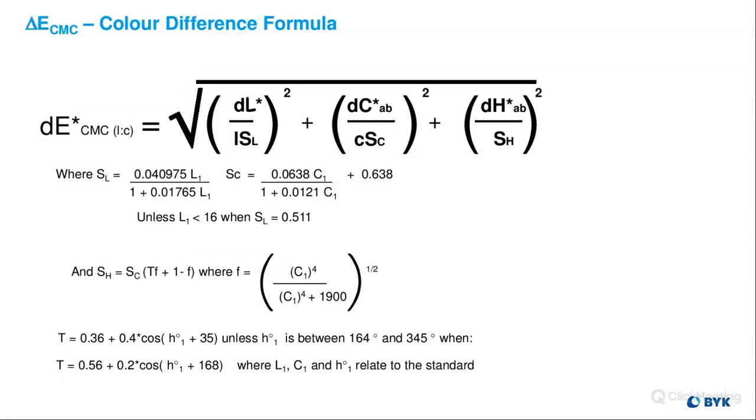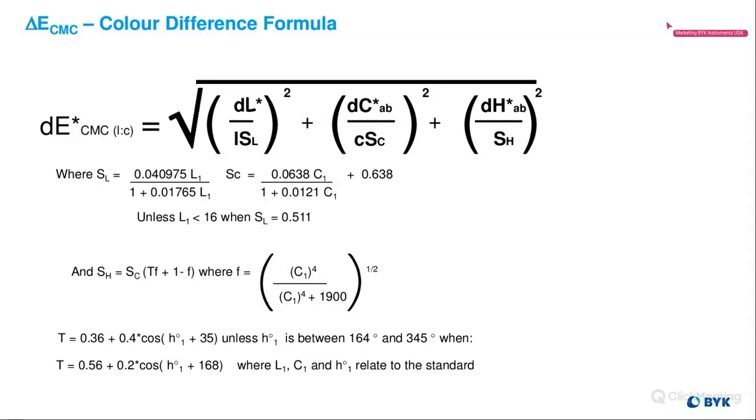And this is the equation that you're looking at. In this case, the l times the SL is your scaling factor, and your little c times your SC is your scaling factor for your chromatic, and then your SH is for your hue variation, and the calculations you can see at the bottom. It's just important that you know they're calculated, and that you can also modify the small l and the c in any software, because those are the two that we call application factors, and they can be modified.